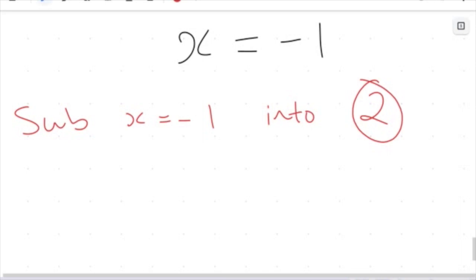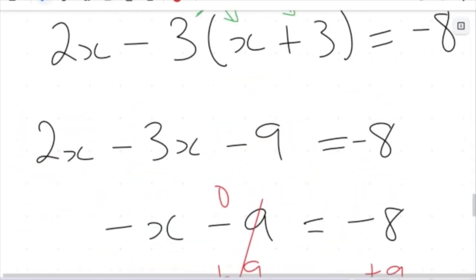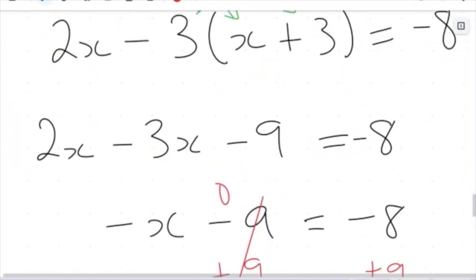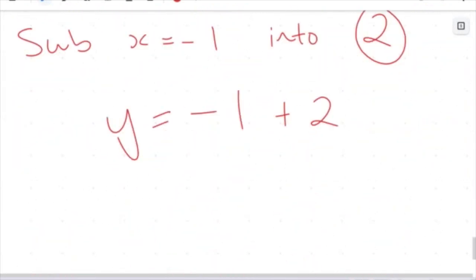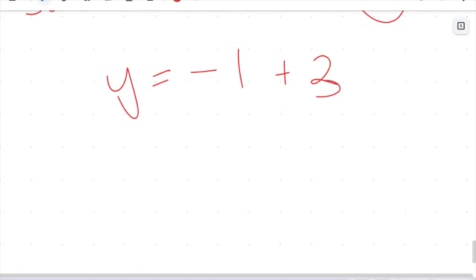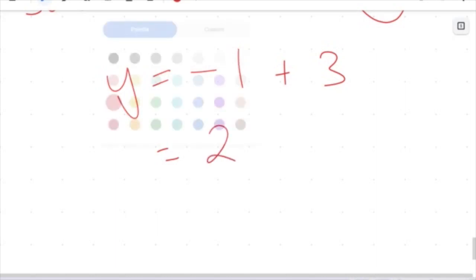And I will get y equals minus 1 plus 3, I think it was. Yep, minus 1 plus 3. And that's going to give me the point of 2.